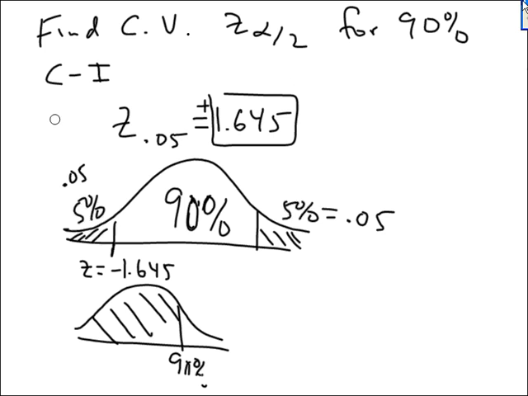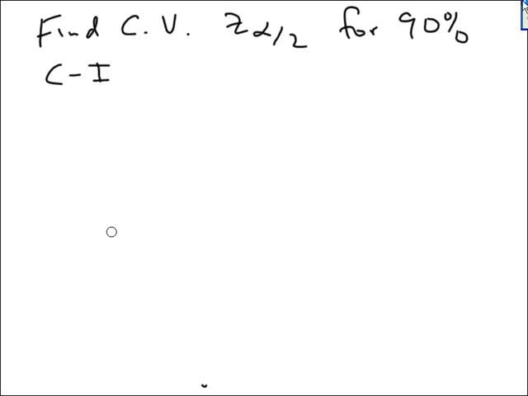Okay, if we were to do another one exactly like this, the only change would be the level of significance. Suppose we wanted a 99.5 confidence interval. Well, 1 minus alpha is always 1 minus 99.5, the confidence interval percent.